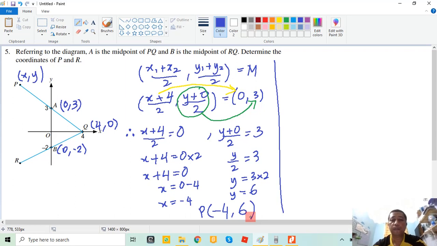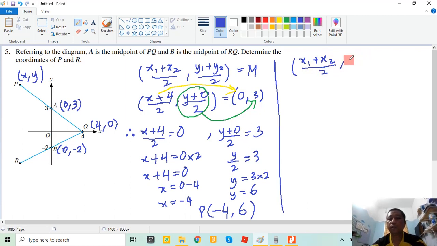So let me write again the formula. X1 plus x2 divided by 2, y1 plus y2 divided by 2, and this is equal to the midpoint.